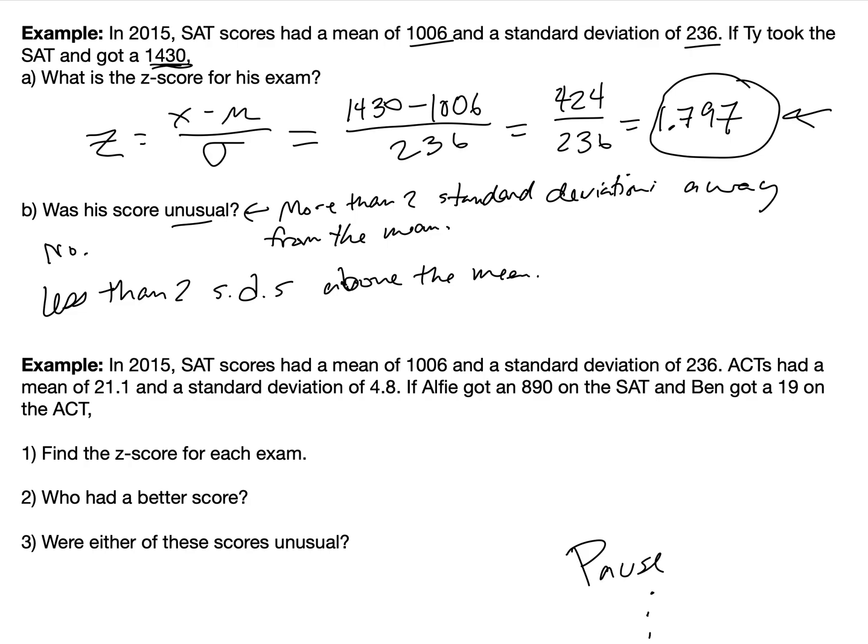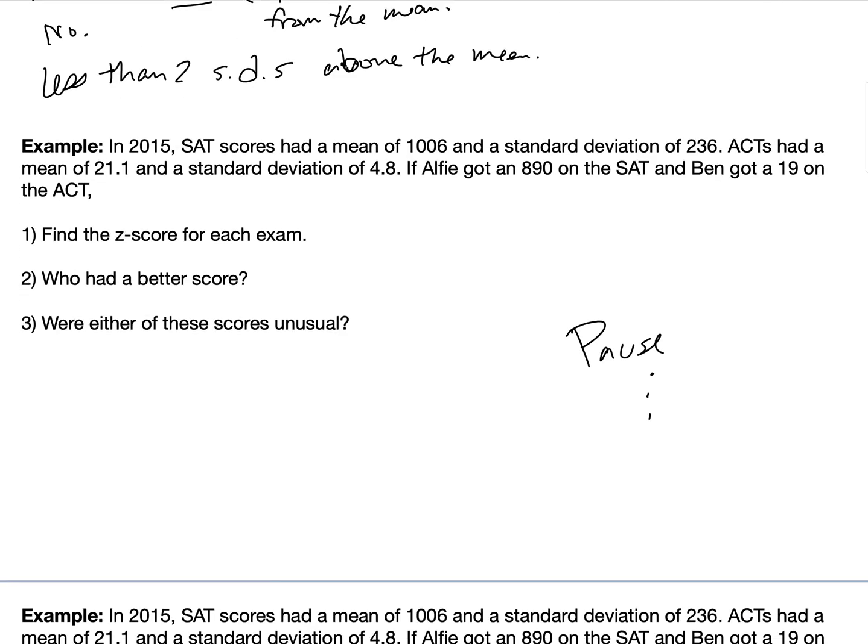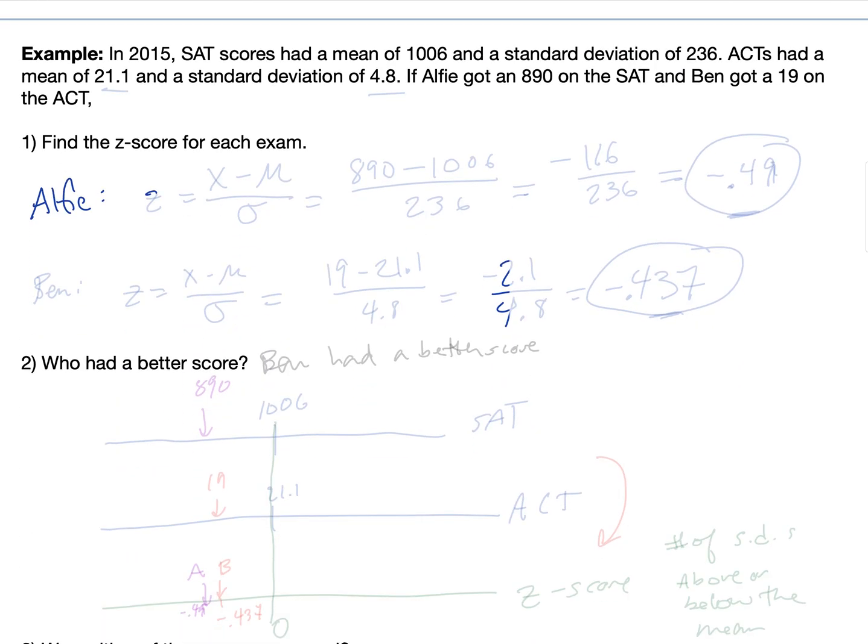Okay, so taking a look at this example, we first want to find the z-score for each exam. So we can find Alfie's z-score, and the z-score is, again, the data value minus the mean divided by the standard deviation. So in this case, that's Alfie's exam, an 890, minus the mean for the distribution, 1006, divided by the standard deviation of 236.